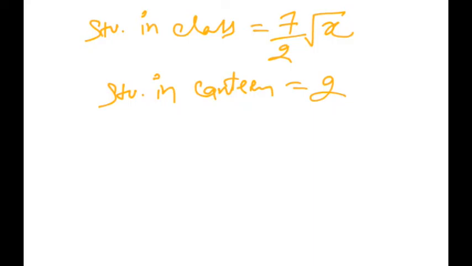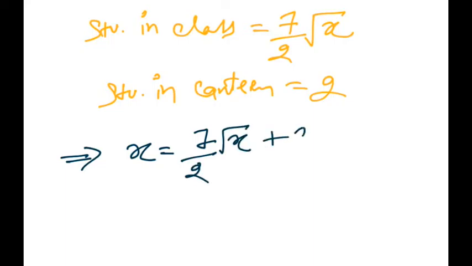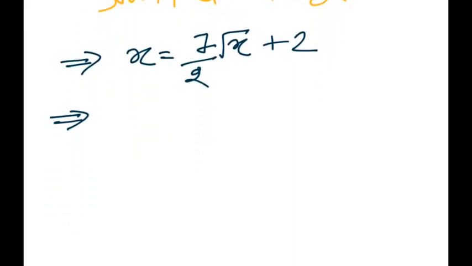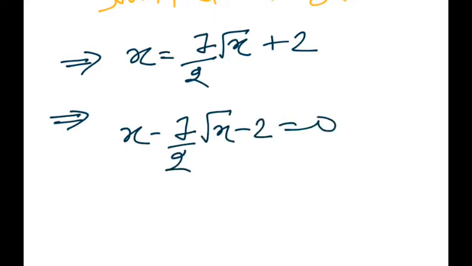So therefore x equals 7 by 2 root x plus 2. So this becomes x minus 7 by 2 root x minus 2 equals 0. Now we'll do the same thing.